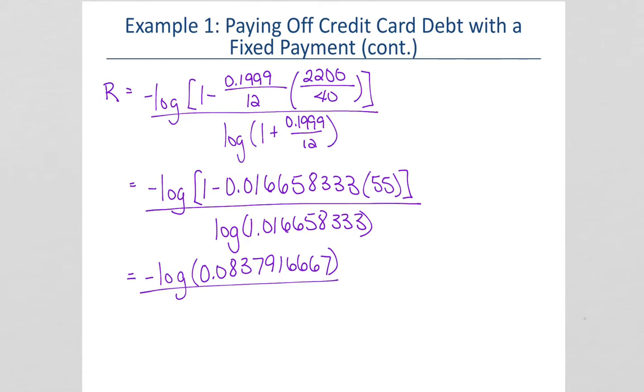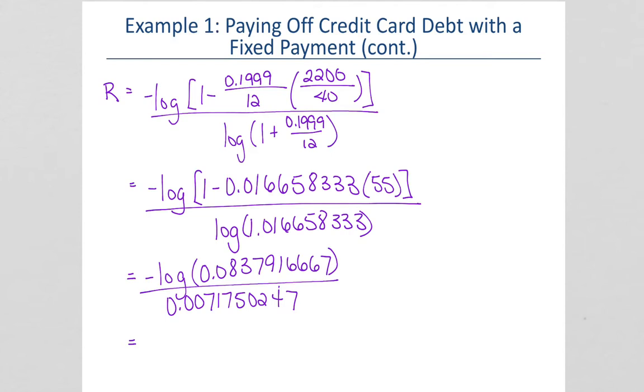And on the bottom, you can go ahead and put that in your calculator. You just find the log button. On a graphing calculator, it's the fourth button on the left from the bottom. And that would be 0.0071750247. So find the log of the number on top and divide by the number on the bottom.